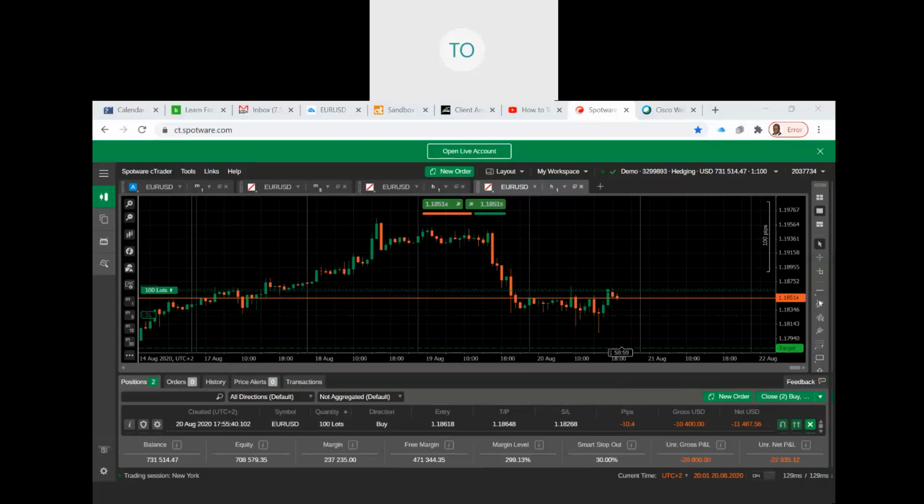All right. So then you come here and you get the Fibonacci tool. There's Fibonacci retracement, and then there's the fan and the arc, depending on which.